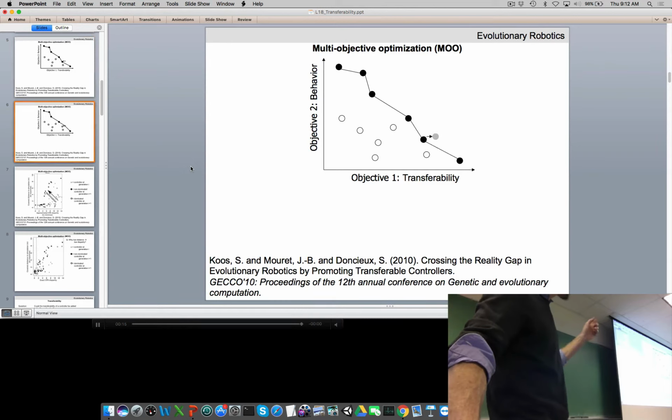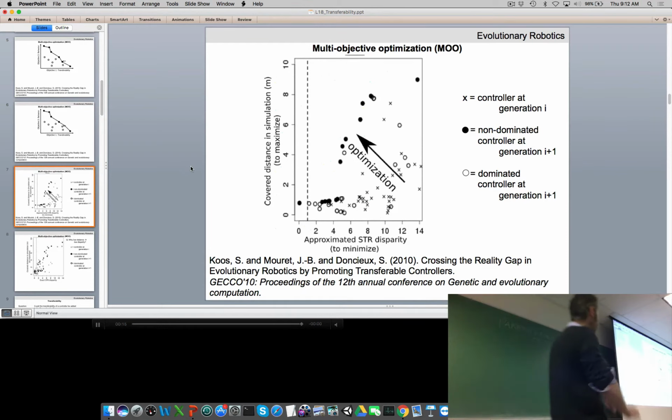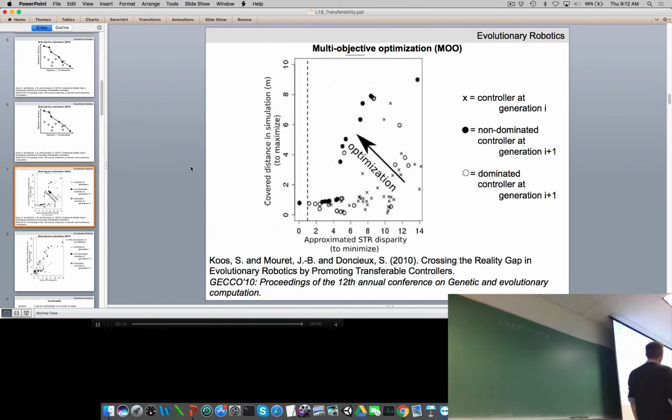Okay, so again, you have my little cartoon here. You can sort of see eventually you would march up and to the right. Okay, here's some data from the actual experiment. We have speed on the vertical axis here. The horizontal axis is flipped. So they're actually trying to maximize speed and minimize simulation-to-reality disparity.